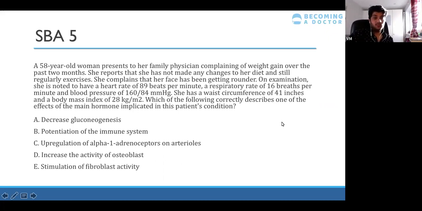She has a heart rate of 89, resp rate of 16, high blood pressure, and quite a wide waist circumference, high body mass index. Which of the following describes one of the effects of the main hormone implicated in this patient's condition? This is quite a difficult one.